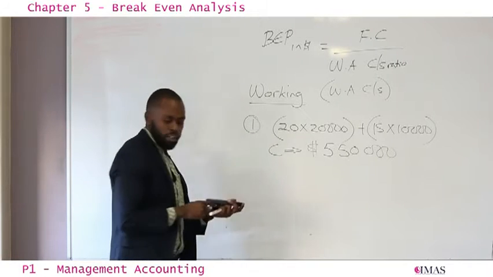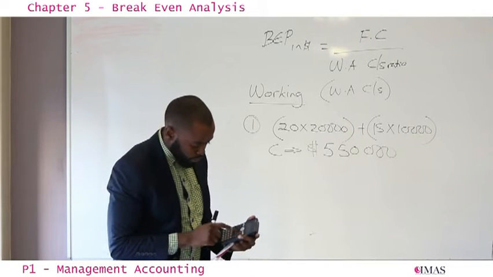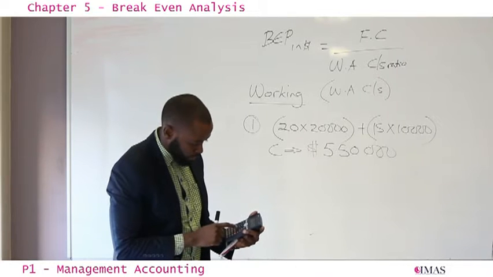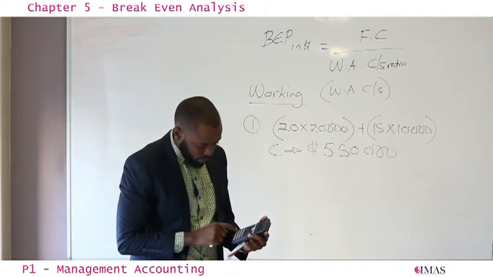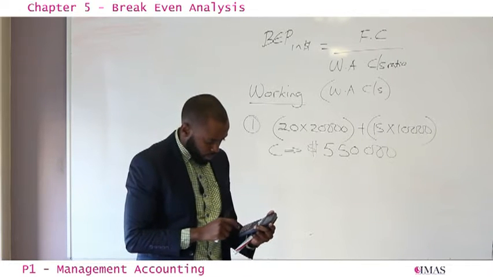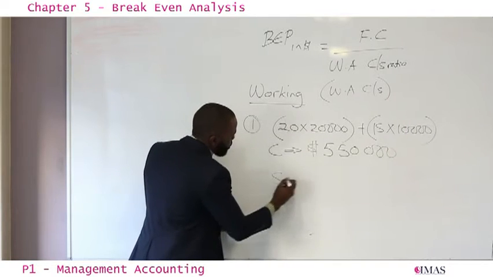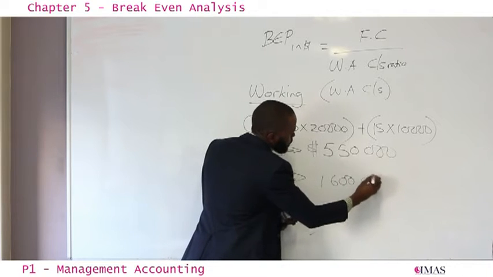Then we need our total sales. For total sales, we take our selling price, which is 50. So 50 times 20,000 plus 60 times 10,000. Now our total sales are 1.6 million.